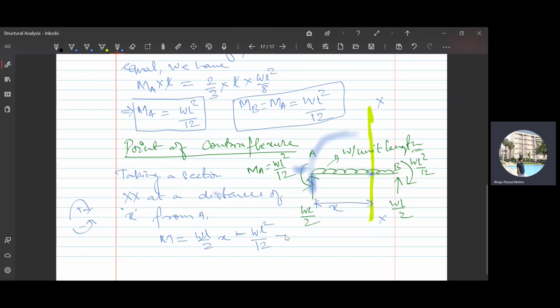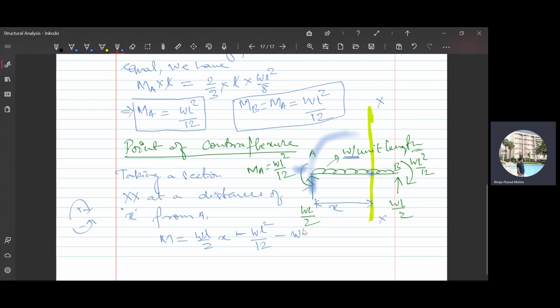Now, what about this uniformly distributed load? It is creating clockwise or anti-clockwise? If I take the point here, do you understand how it is creating anti-clockwise? See, due to this load, it will be going like this, so it is creating an anti-clockwise moment. So it is W, what will be the value?